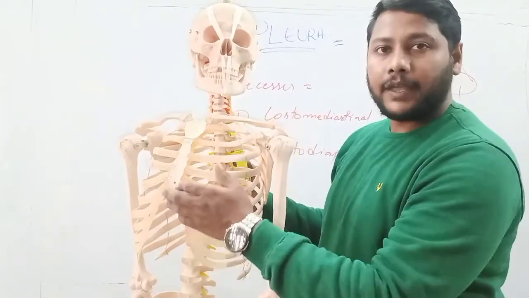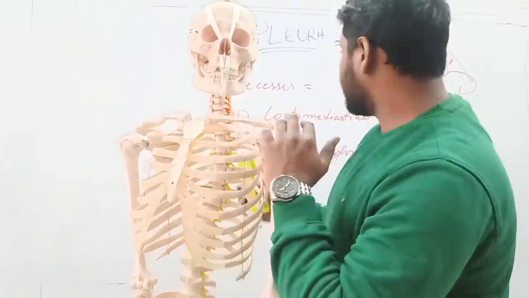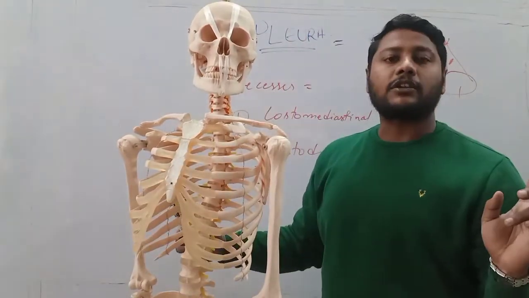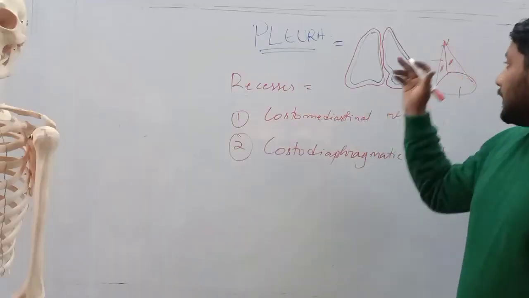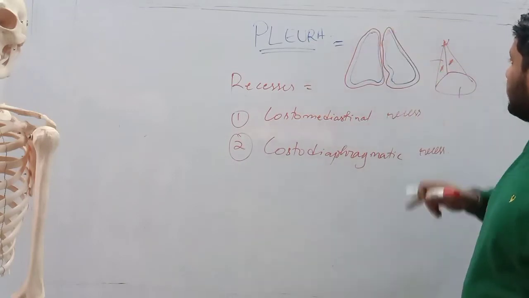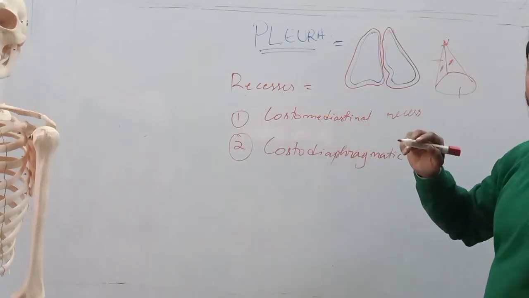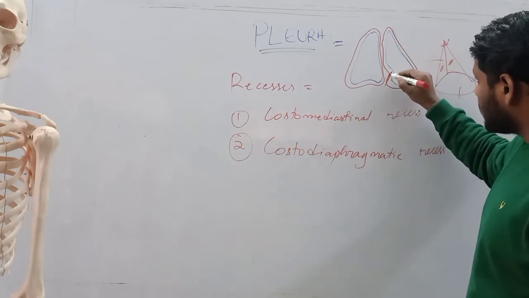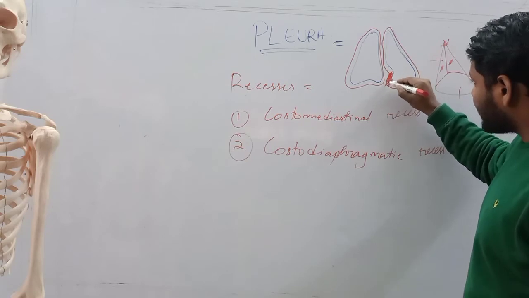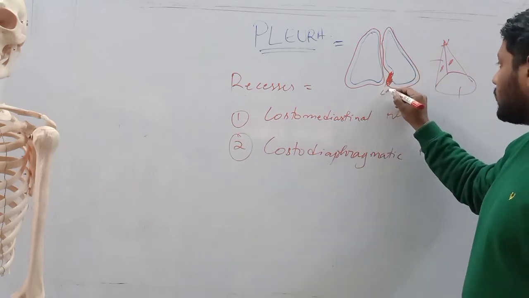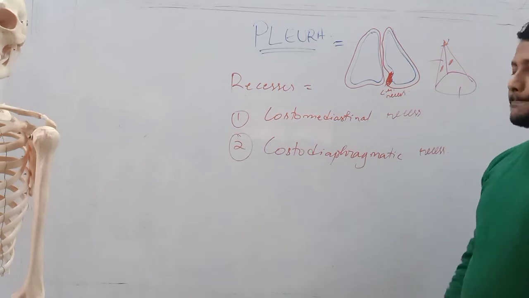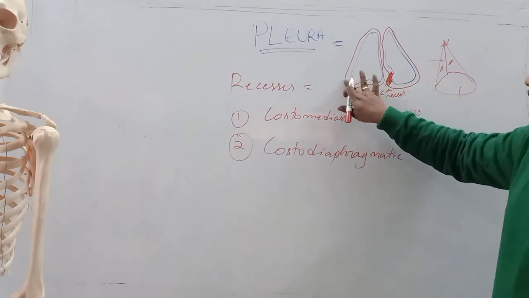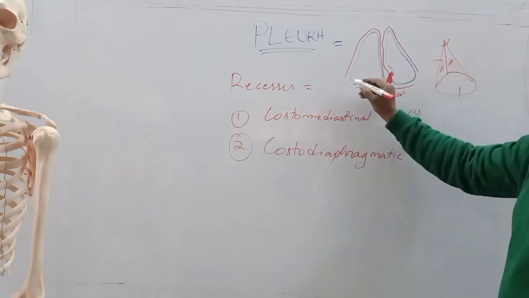This is the sternum and these are the costal cartilages. So this costomediastinal recess is present over here, in correspondence to the cardiac notch. If this is the lungs and this is the pleura, the costomediastinal recess is present anteriorly over here, around the cardiac notch. And the second recess, that is the costodiaphragmatic recess, is present on the posterior aspect.